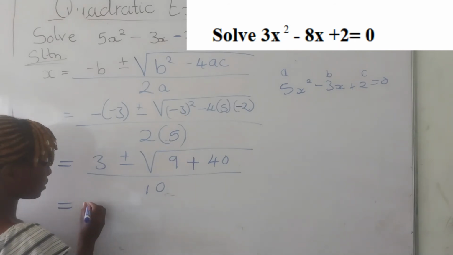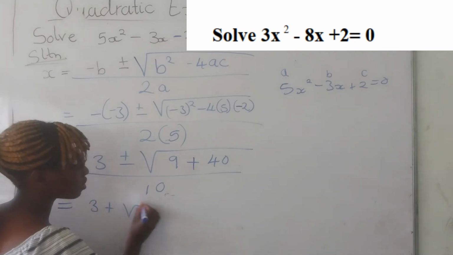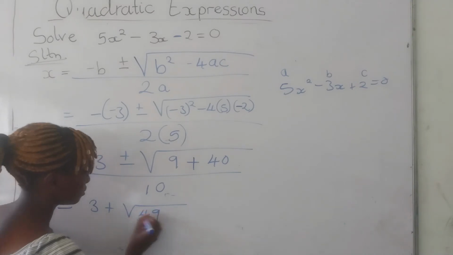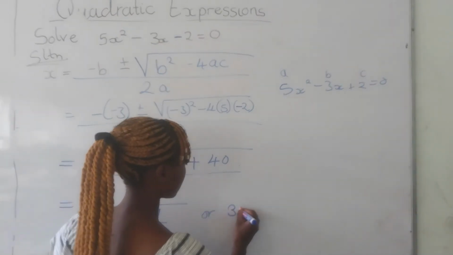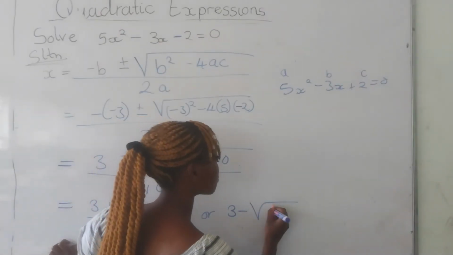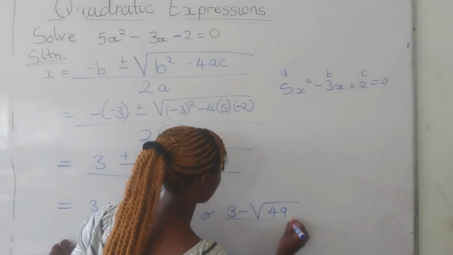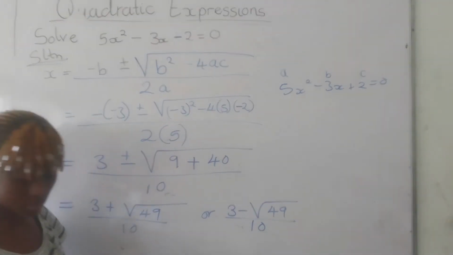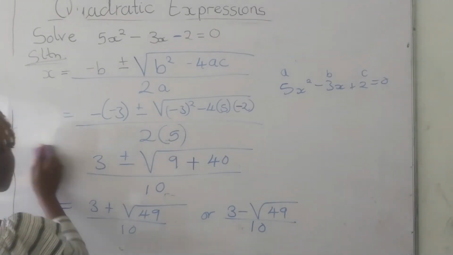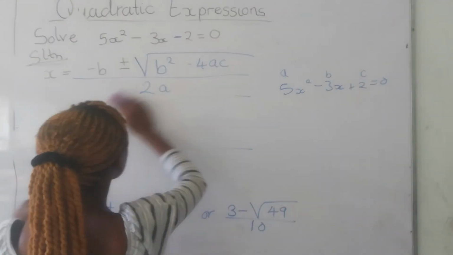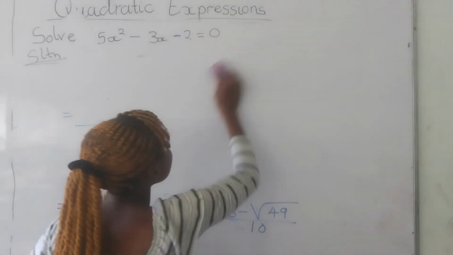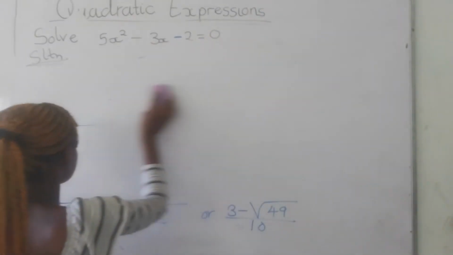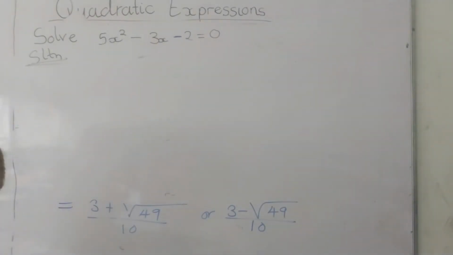So we simplify 3 plus root of 49 over 10, or 3 minus root of 49 over 10. Okay, we simplify this.